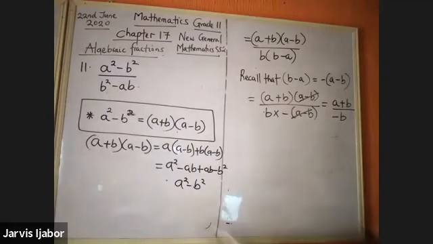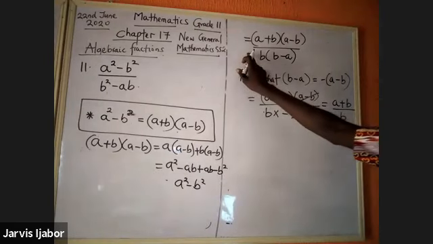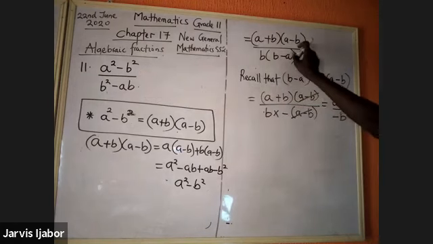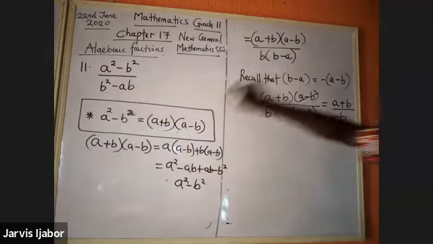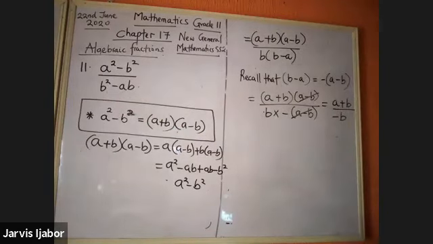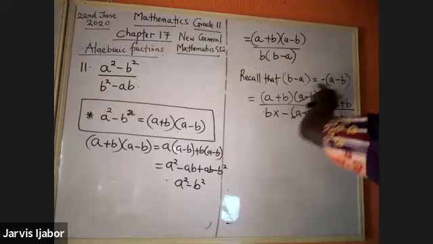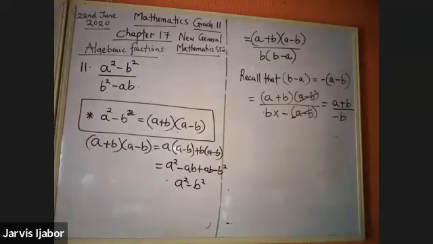Okay, so we stopped here and we have moved to this point. A squared minus B squared is A plus B into A minus B, over B squared minus AB, which will give you B into A minus B. And I will recall an idea we had earlier that B minus A is essentially negative (A minus B).